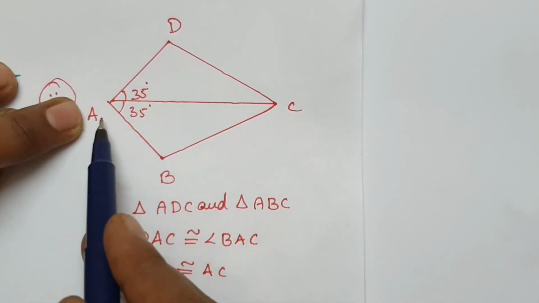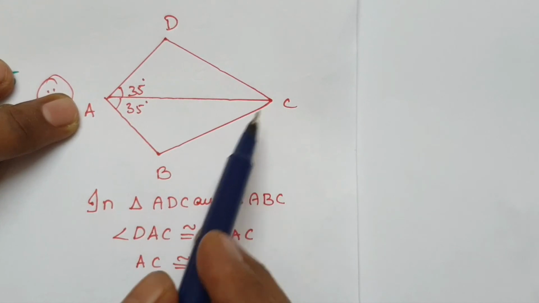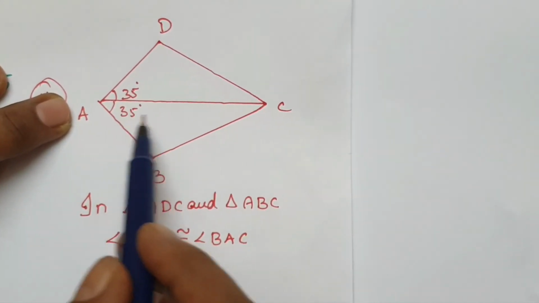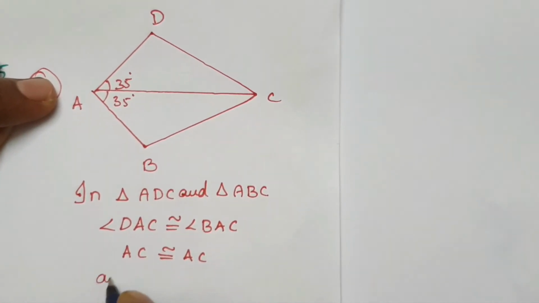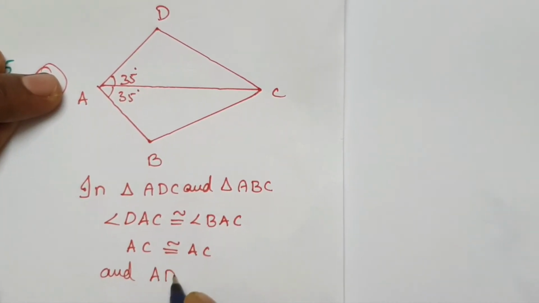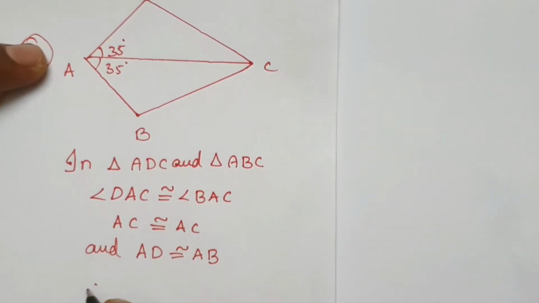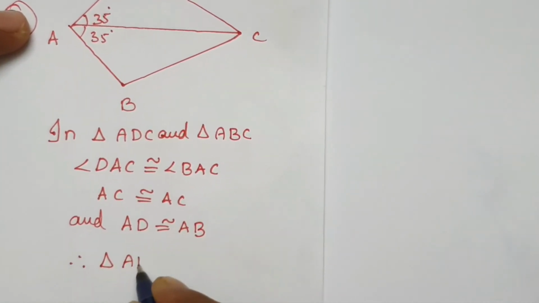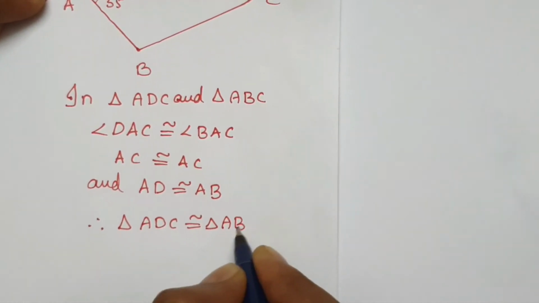AD is congruent to AB, BC is congruent to DC, and AC is congruent to AC. Therefore, triangle ADC is congruent to triangle ABC.